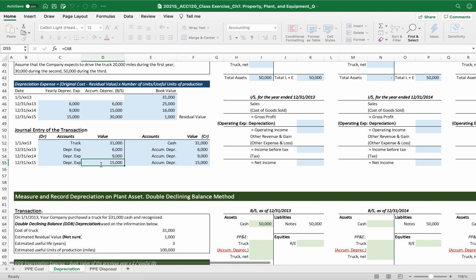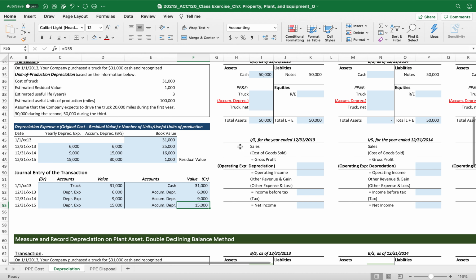The cash we purchased for 31,000. Accumulated depreciation should be recorded on the balance sheet, the same amount as the depreciation. Again, the accumulated depreciation in the journal entry is just one year's depreciation. So don't be confused by the accumulated depreciation on the balance sheet. On the balance sheet it is the accumulated concept, but the journal entry amount is only one year's depreciation that should be recorded on the balance sheet.